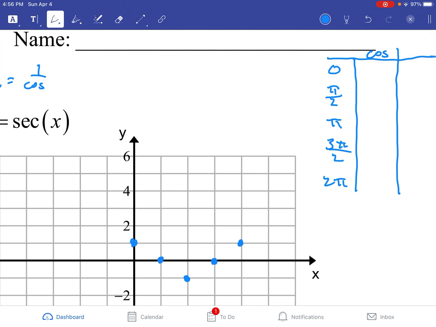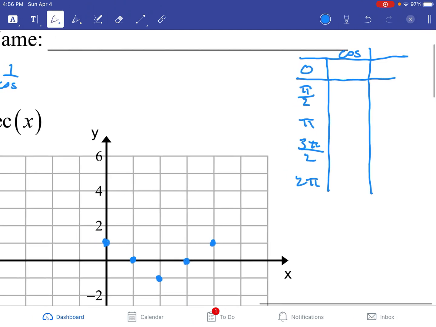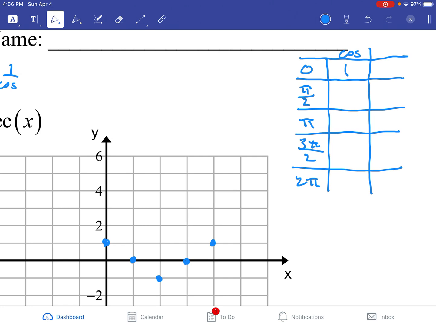Let's finish the chart. So at 0, cosine is 1. At pi over 2, cosine is 0. At pi, cosine is -1. At 3 pi over 2, cosine is 0. And at 2 pi, cosine is 1 again.